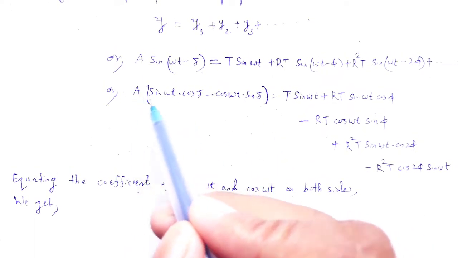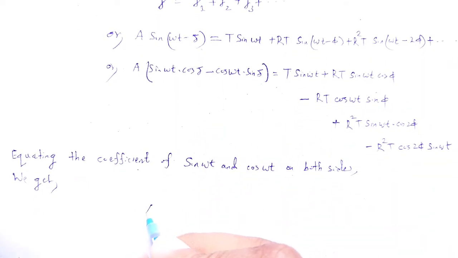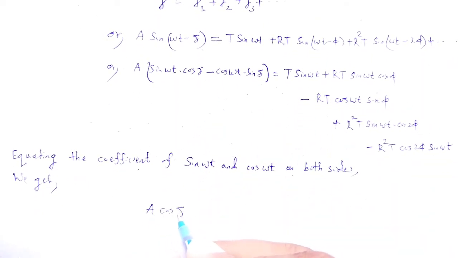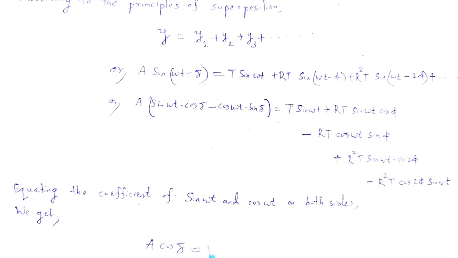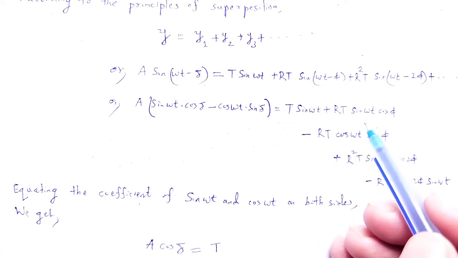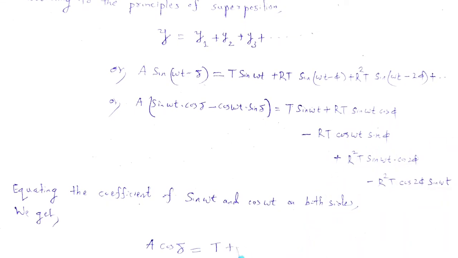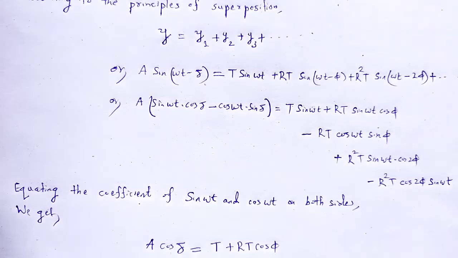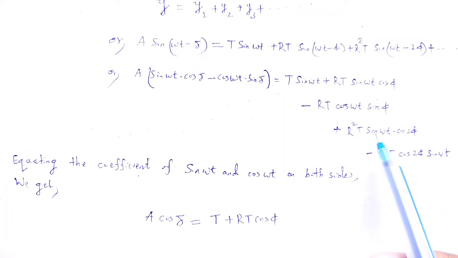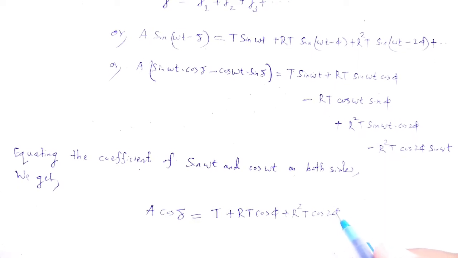Here we obtain A cos delta is equal to t plus rt cos phi plus r square t cos 2 phi, and so on.